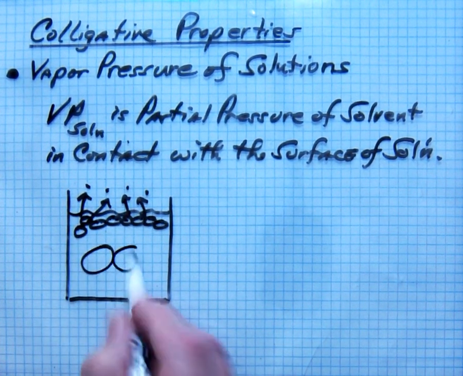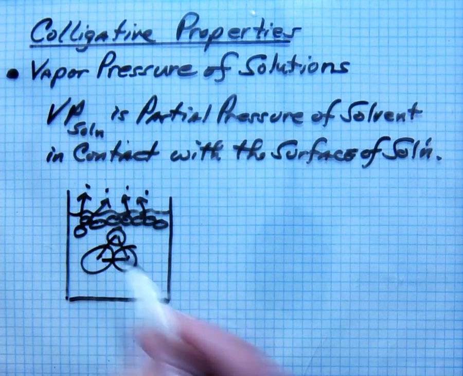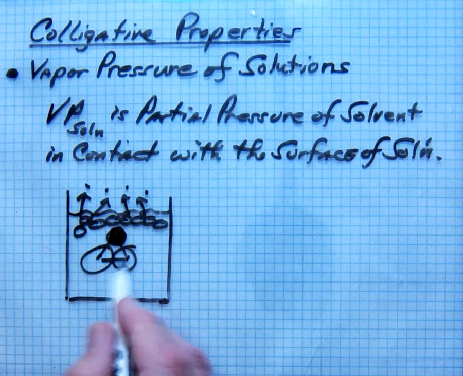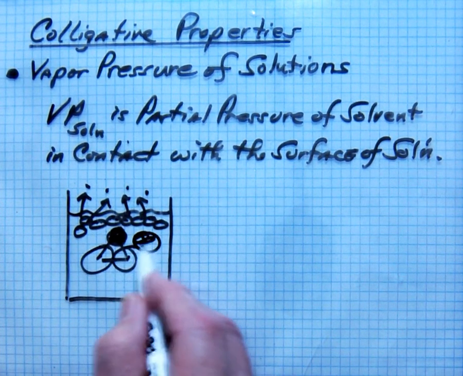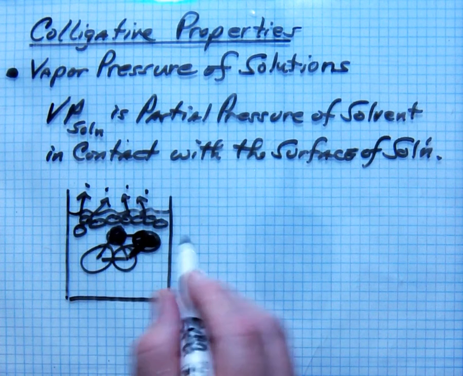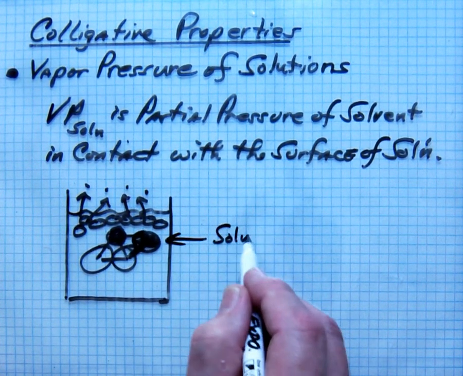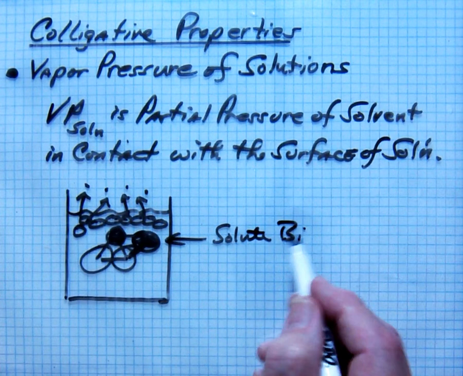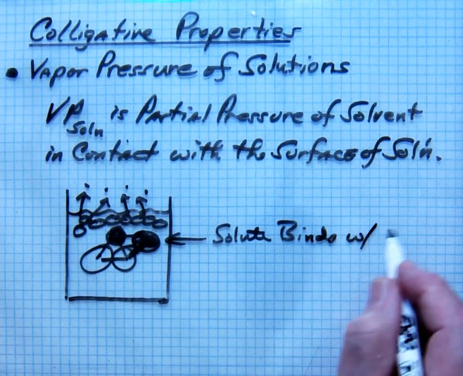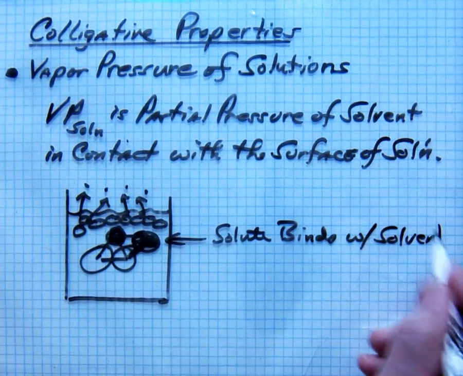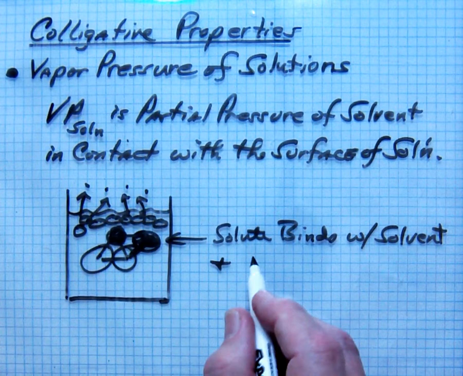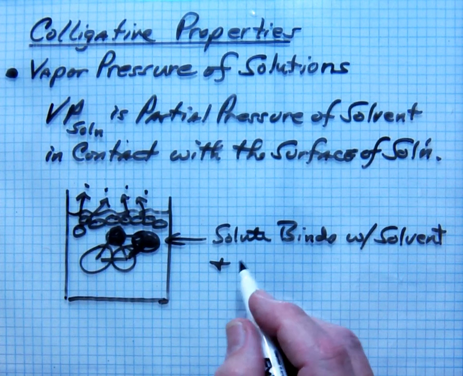And I'll draw a big one here, a couple, three. These are bonding with each other, holding the solvent. Say this is the solvent, and these are the solutes. And so these are all bonding together, okay? And what happens is the solute binds electrostatically or physically with solvent and reduces, by holding it into the solution, its ability to evaporate.